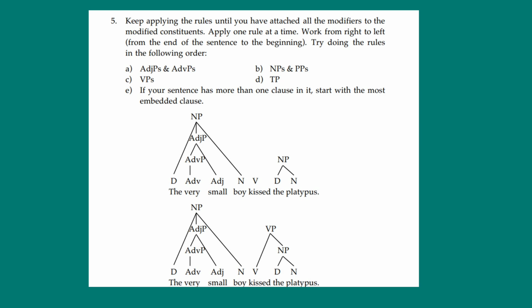Try doing the rules in the following order: adjective phrase and adverb phrase, then verb phrases, noun phrases, and PPs, then TP. If your sentence has more than one clause in it, start with the most embedded clause. So kindly study the figure below.